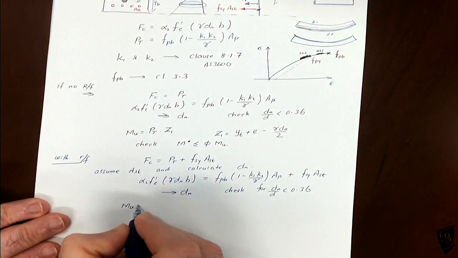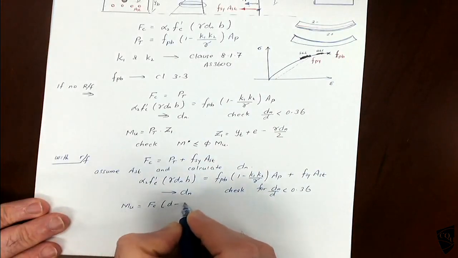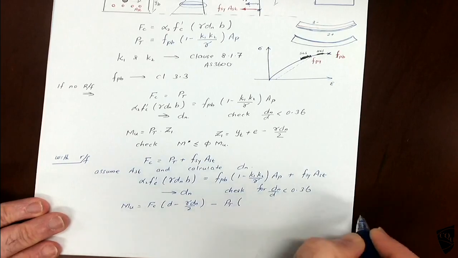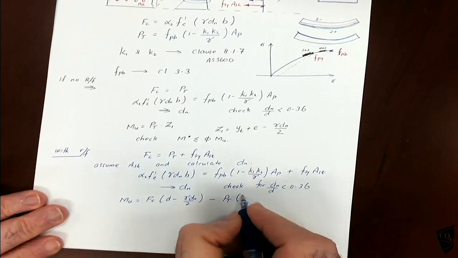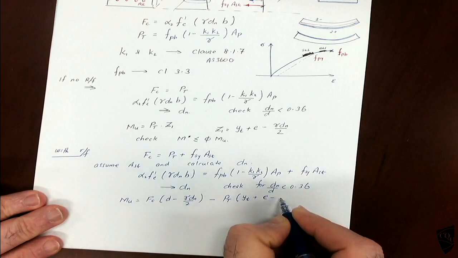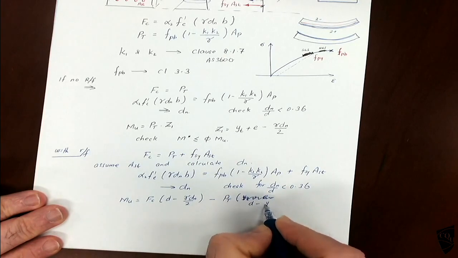So moment Mu equals Fc (d minus gamma dn by 2) minus Pt times the distance (d minus (yt plus e)).